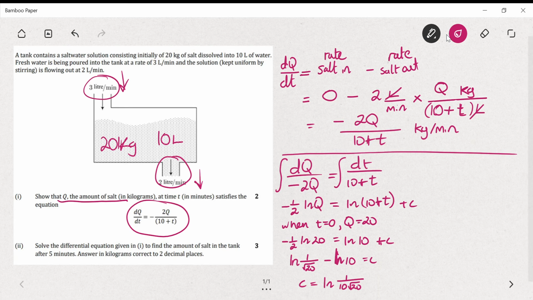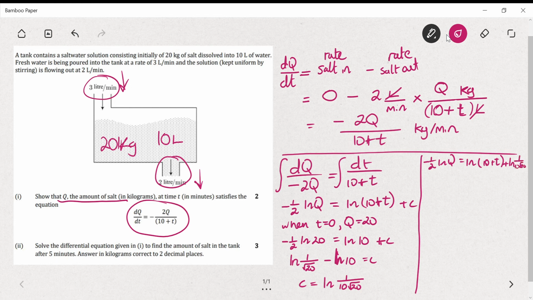All right, so my equation turns out to be that minus a half natural log of Q equals natural log of 10 plus t plus C, which is plus natural log of 1 on 10 root 20.